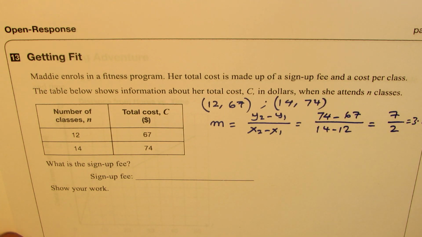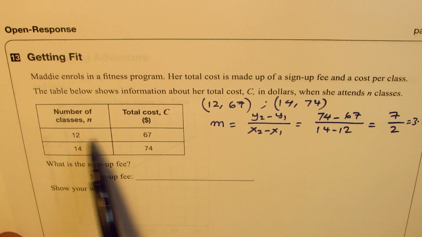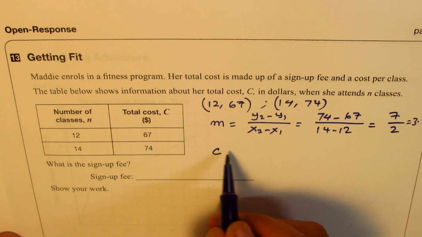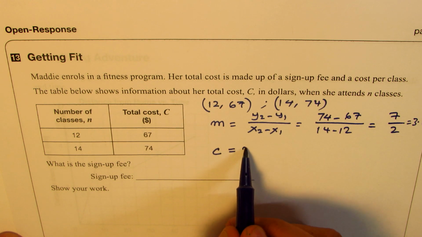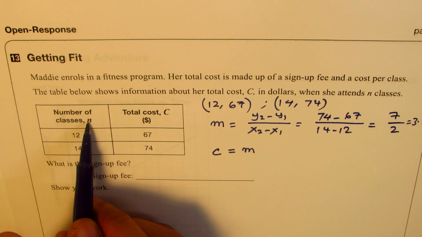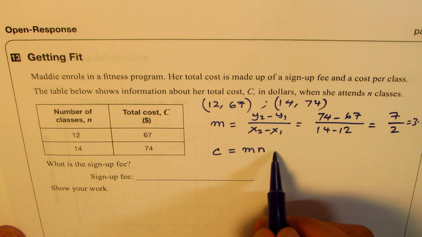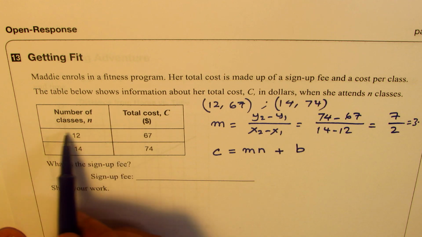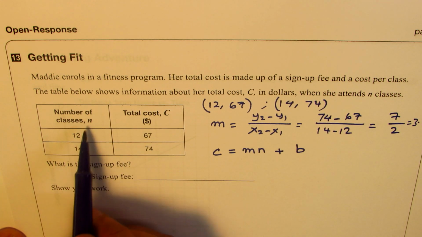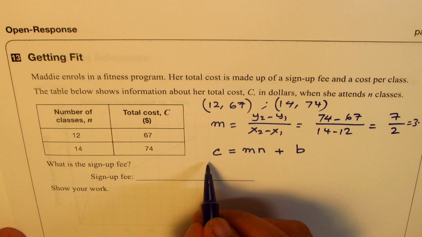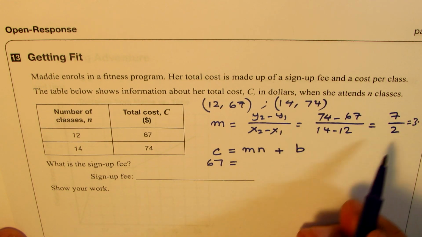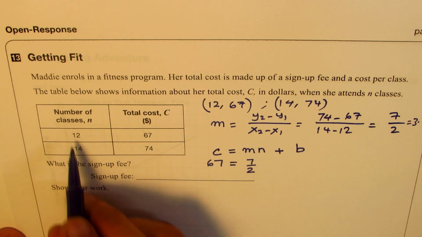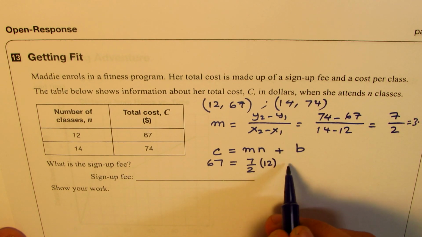So that is one. Now to find the equation, we could use one of these points and we can say, well, the total cost C should be equal to this slope m times N, the number of classes, plus we want to find this b, right? So from the first point given to us, that is for 12 classes, the cost is 67. We can say 67 equals, slope is 7 over 2, times N value, which is 12, plus b, right?